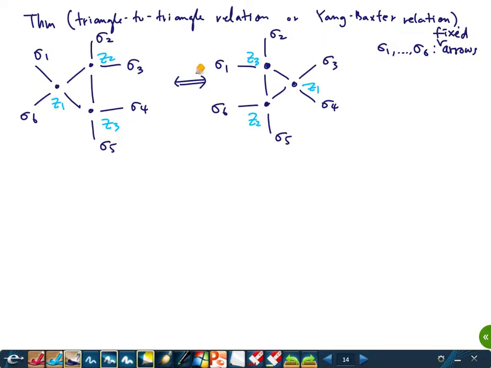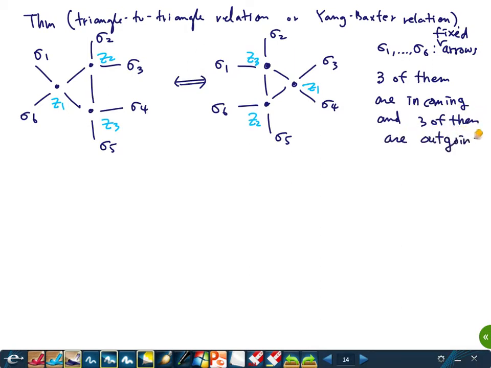But we must have this condition. 3 of them must be incoming edges, and the remaining 3 are outgoing. Like if you have 1, 2, 3 incoming, then the remaining things must be outgoing like that. We must have that condition. Otherwise, we cannot have a valid configuration. Okay?